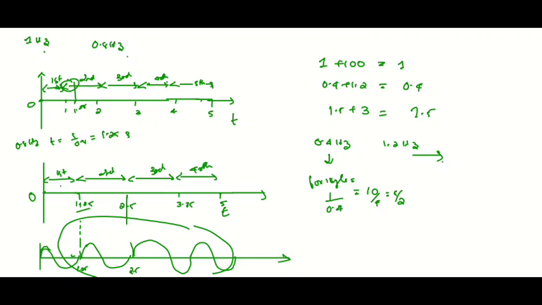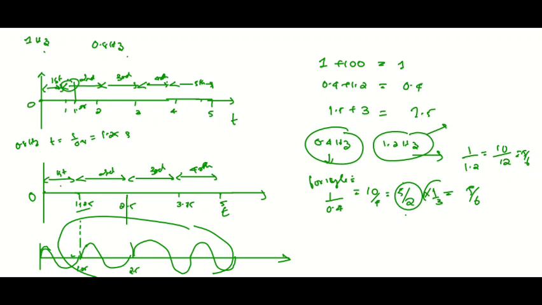For the other one cycle, we get 1 divided by 1.2, which is equal to 10 divided by 12, or 5 by 6. So this is 5 by 2 seconds, and the other one is 5 by 6 seconds. Observing this, we know that 5 by 6 is actually 1/3 of 5 by 2, right? So the time period of the 1.2 Hertz signal is 1/3 of that of the 0.4 Hertz signal.